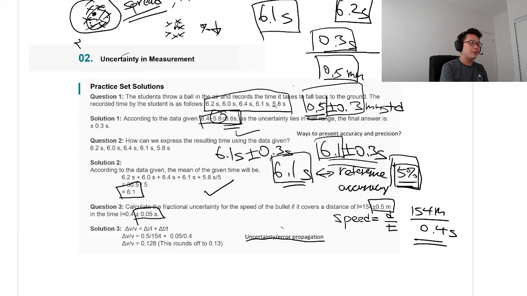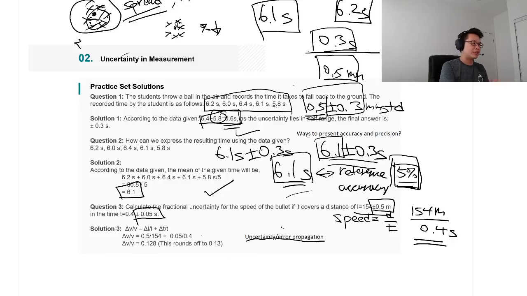Okay, so when we are doing a mathematical operation, multiplication or division, we are going to look at the fractional uncertainty, or you can say the relative uncertainty, of each individual measurement, and then we are going to combine them.